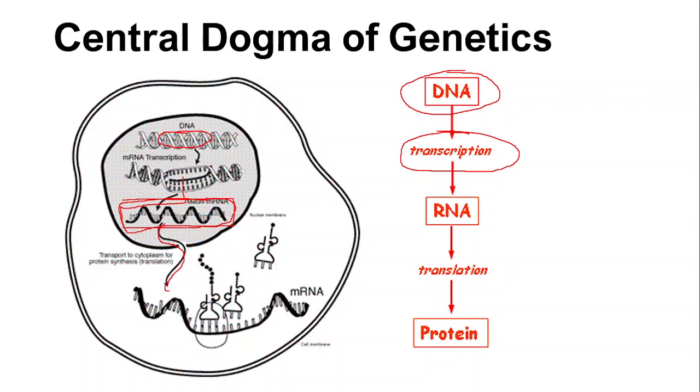And then you're taking the message out of the nucleus, where you're safely keeping your original code, and you're taking this copy of your code out into the cytoplasm, the rest of the cell material, and there it will hook up with this large protein complex called a ribosome, which is responsible for translating, reading the code.